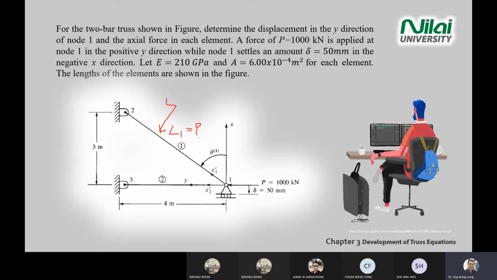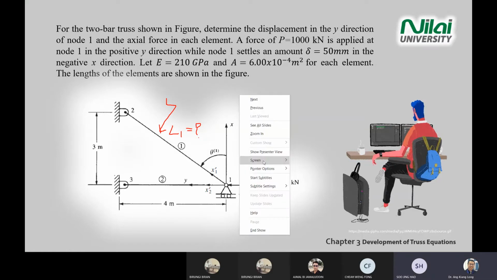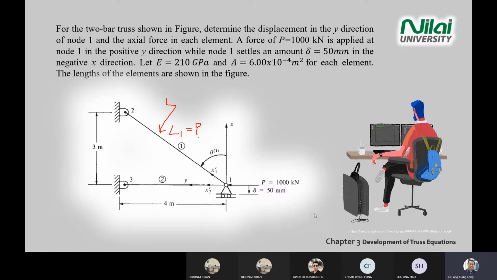So you understand? Yes. Can you explain how you get 5? Square root of 3 square plus 4 square. Okay, good, excellent. So all of you know how to find this.